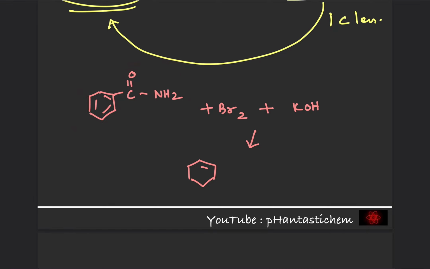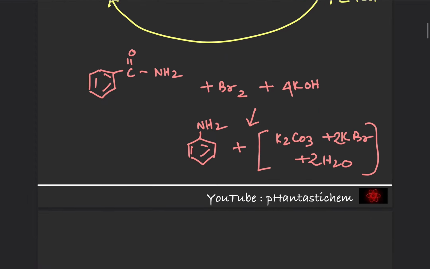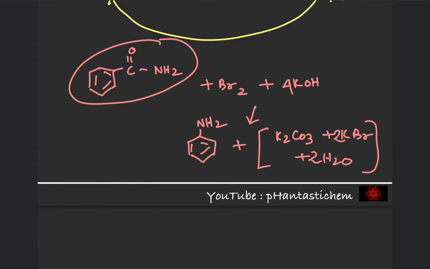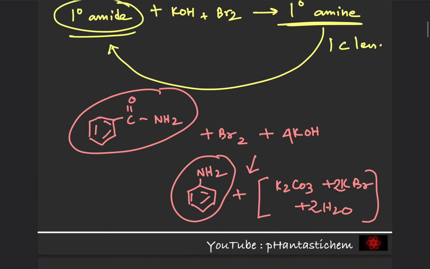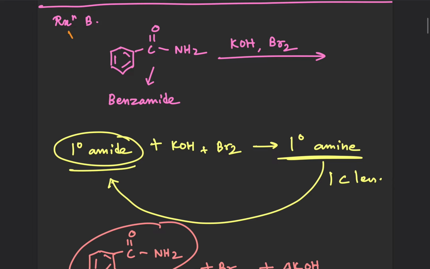So I will get aniline plus certain side products like K2CO3, KBr and H2O. Upon balancing, I'll have a 2 here, 2 here, and a 4 here. So this is my benzamide, this is my aniline. Therefore reaction B is correct, it gives aniline.